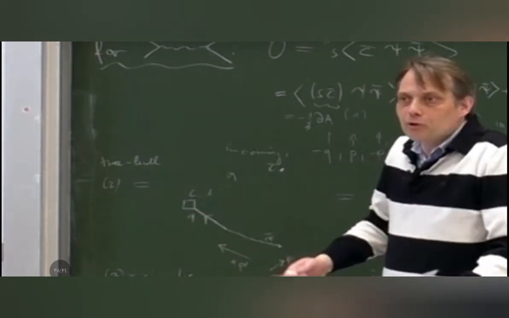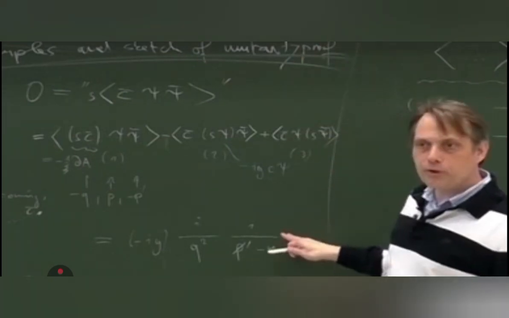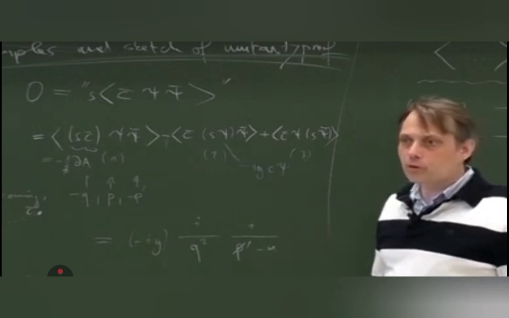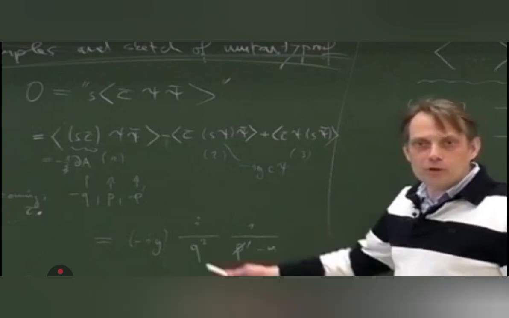But there is no single line which carries p, and therefore the diagram does not have a pole 1 over p squared minus m squared. Therefore, if we amputate, in other words, if we multiply with the three inverse propagators, we also multiply with p squared minus m squared, and then we set p squared to m squared, and then we get 0. That is the point.